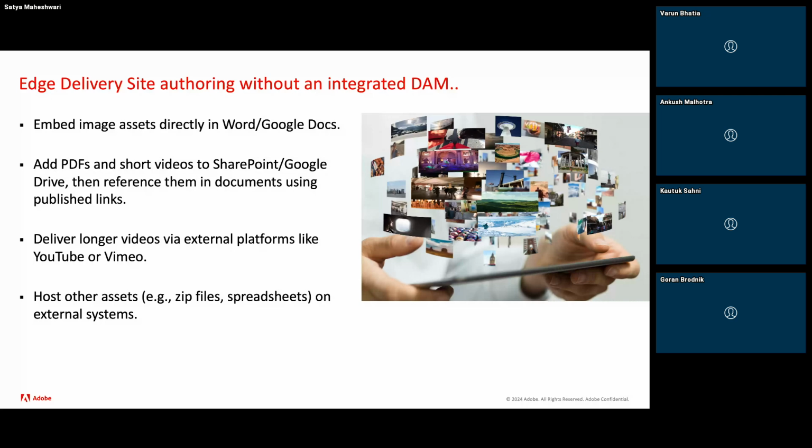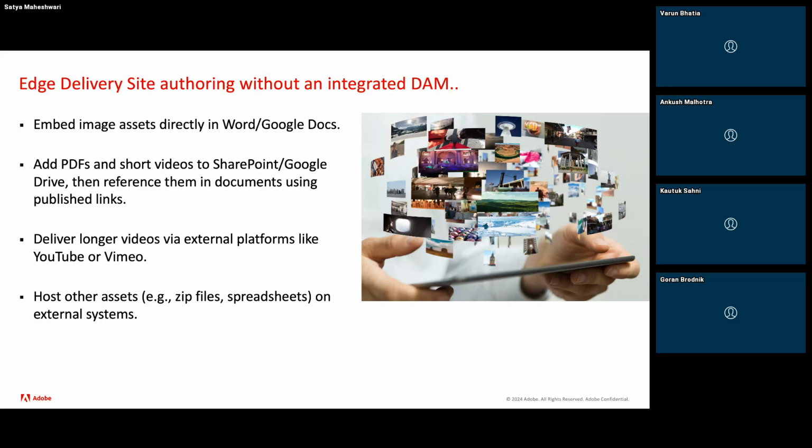For PDFs and short videos, the other option is to upload it to SharePoint or Google Drive. And then you can again preview and publish them, and you would get a URL, and that URL you can embed, place it on the Word document, and it would be available on your site. For the longer videos, which you cannot upload to SharePoint or Google Drive, there is an option of using external platforms such as YouTube or Vimeo or similar.